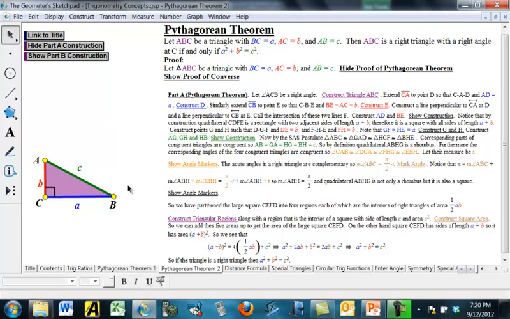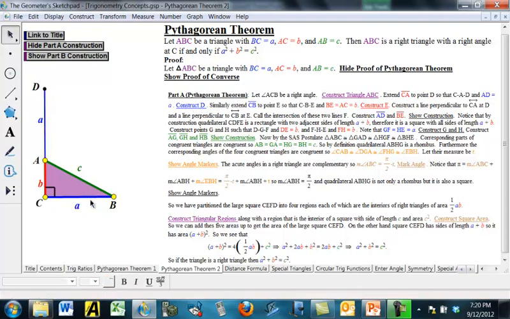Now what we want to start by doing is extending line segment CA, extend this on out an additional length of b, and an additional length of a, to a point D that is a length a plus b away from C. So extend that straight out.